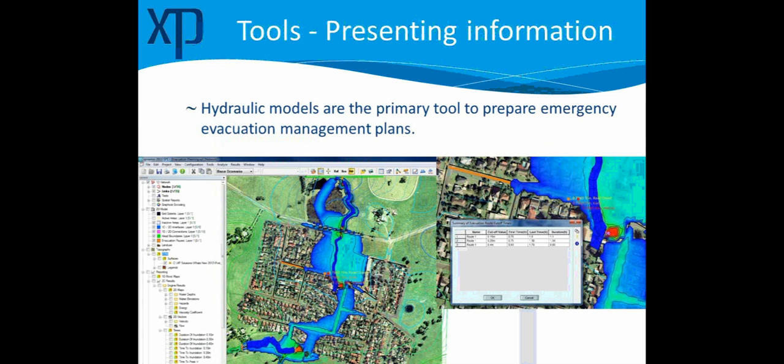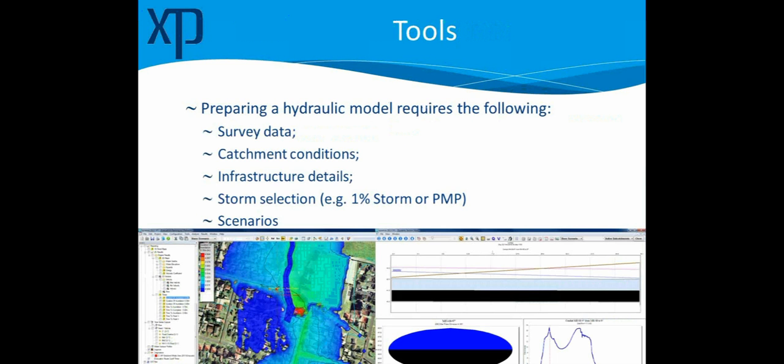And to present this information, we primarily use hydraulic models. So we'll look in more detail as to what those hydraulic models can actually produce to help us. Typically, when preparing a hydraulic model, we need the following information. We need survey data, catchment conditions, details about the infrastructure, and we need to know what storm we're actually preparing for.